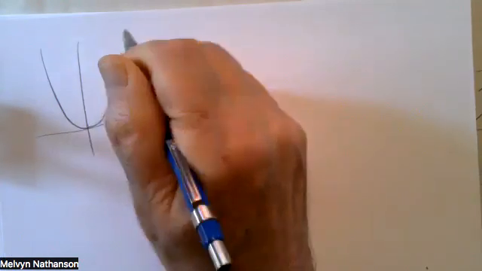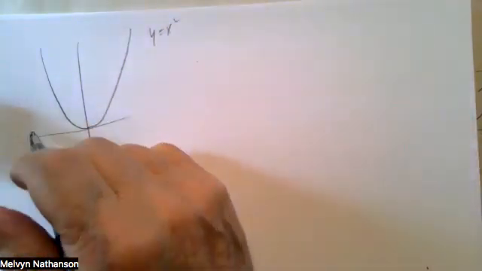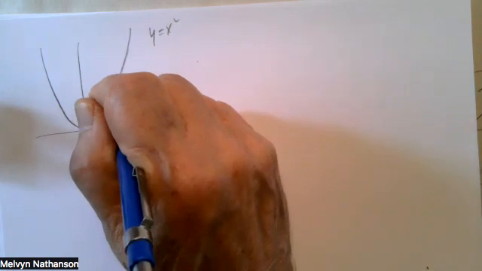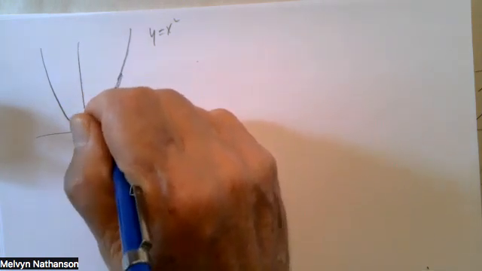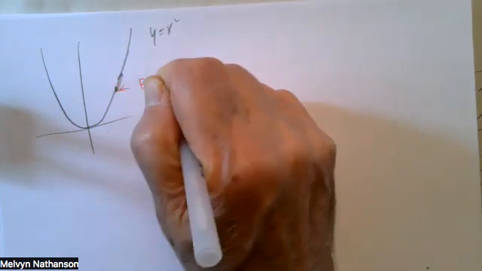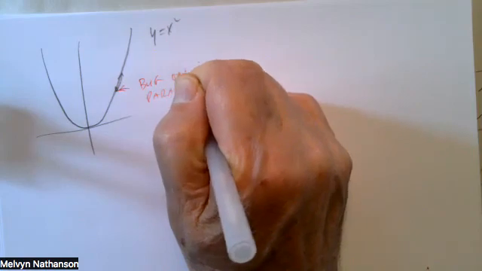Suppose we have the parabola y equals x squared. And we have a bug moving along the parabola, so this is a bug on the parabola.